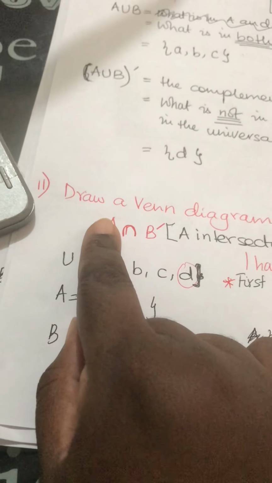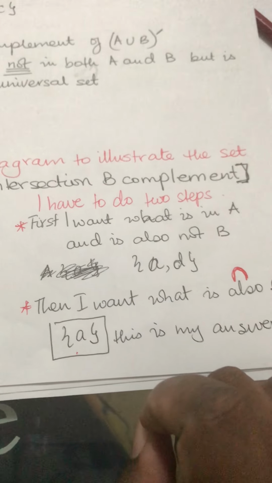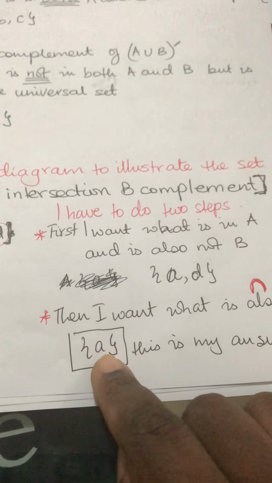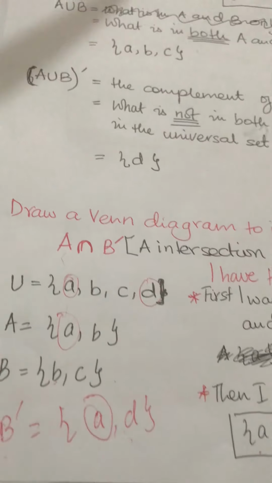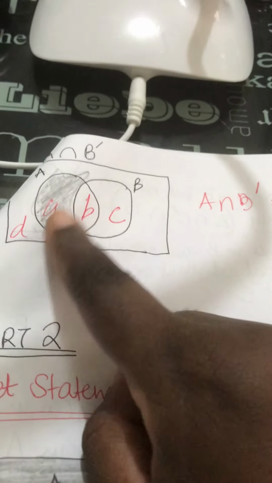What is in A that is not in B? So that will be A and D. Then I want to find what is also in A, which is A only. Then I drew my picture. Because I only wanted A, I shaded that.